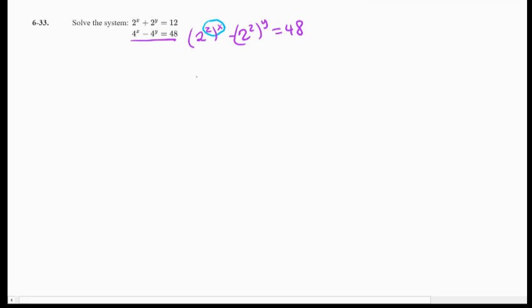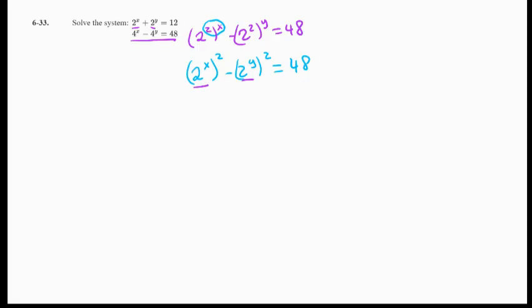And so I can change this to 2x to the power of 2, and I can change this to 2y to the power of 2. It's a little bit tricky of a thought process to go through. But basically now what I can see is that I have 2x in both of my equations and I have 2y in both of my equations, which will be helpful.